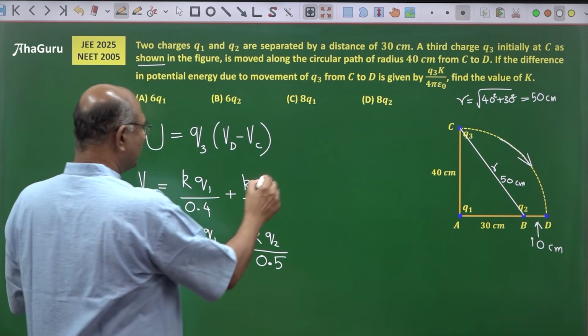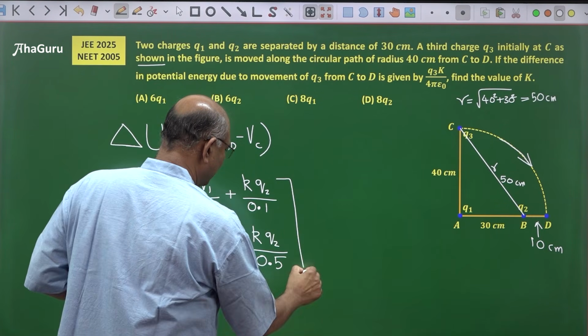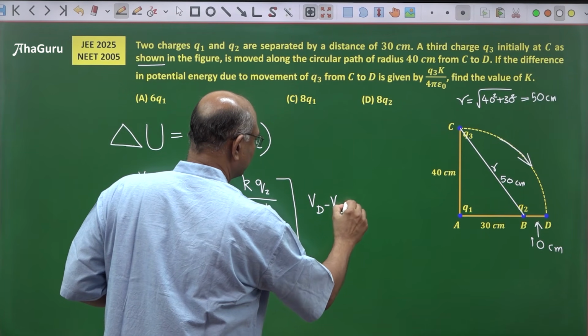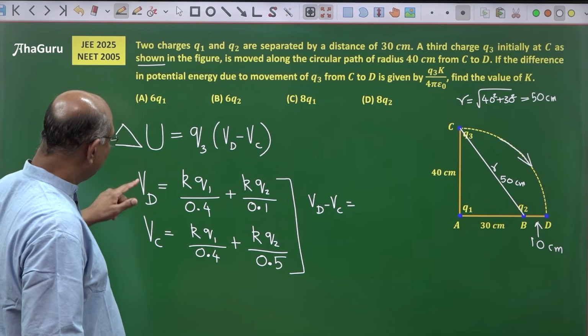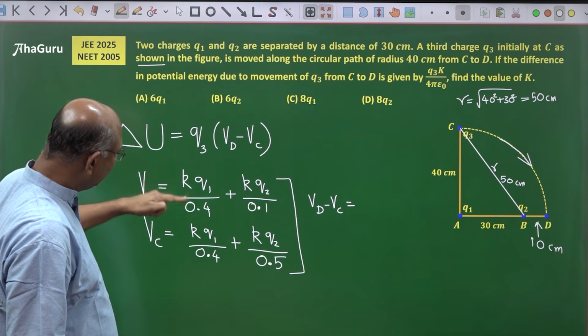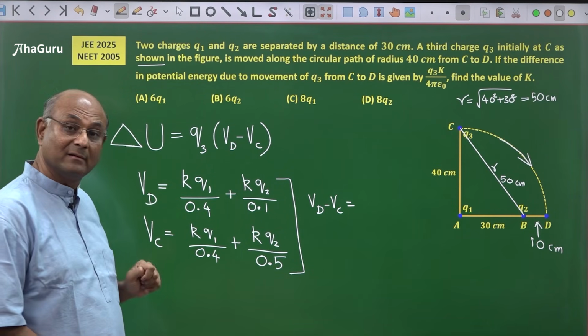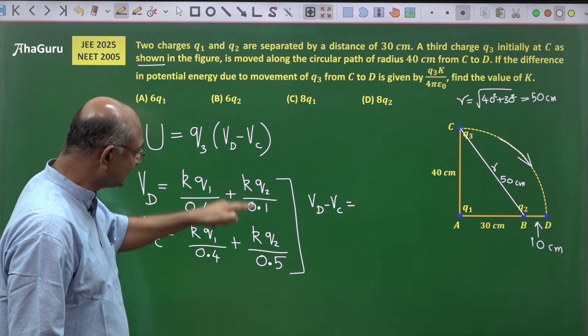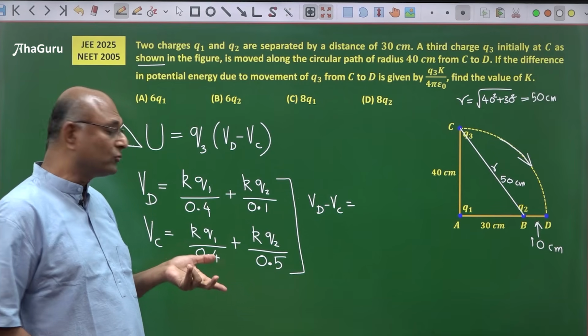Okay, now suppose I want VD minus VC, right? That's what I want there. Well, this minus this, they're the same thing. This minus this will just simply cancel out. So you'll get this minus this. And you see you have KQ2 common.